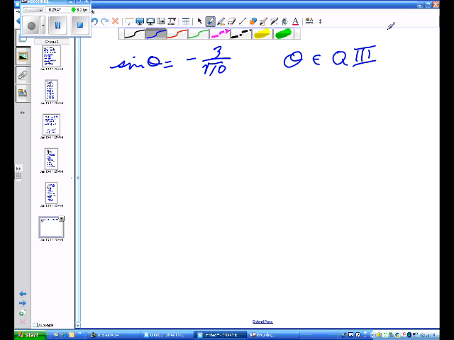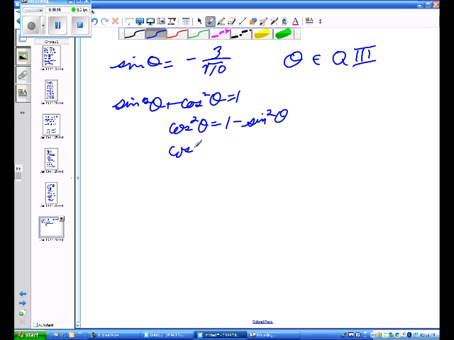So let's start out with cosine. We know that sine squared plus cosine squared equals 1. So the cosine squared equals 1 minus sine squared. You should know this well enough to go directly to that identity and not have to derive it from the main one, but if you forget it, go back to your main one. So the cosine squared equals 1 minus negative 3 over the square root of 10, squared.